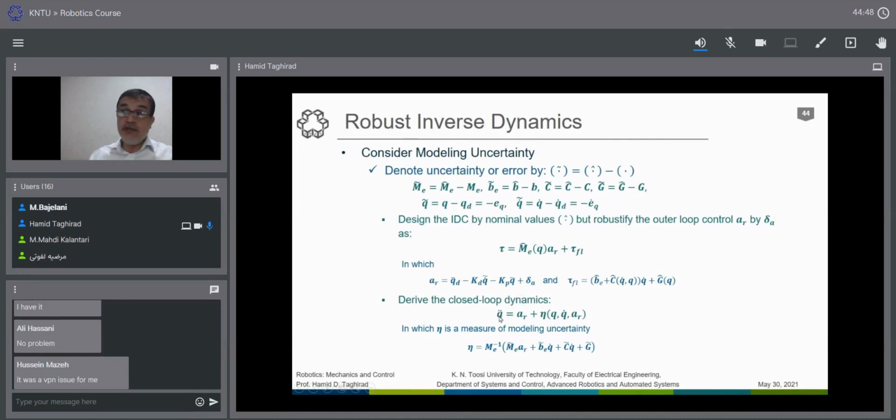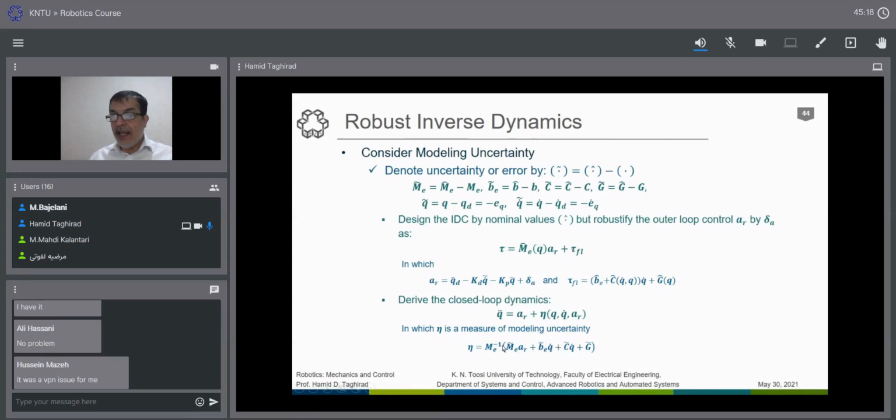In the previous case, we just simply neglected this and considered that it is too small. And this is true if M tilde is too small, if M and M hat are very close to each other, if all the parameters are quite well calibrated, this term becomes small. But this is just an assumption. In real implementation, these are not very small, and this could be somehow different.